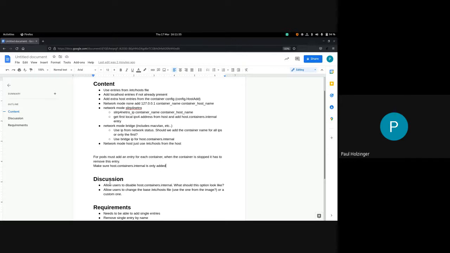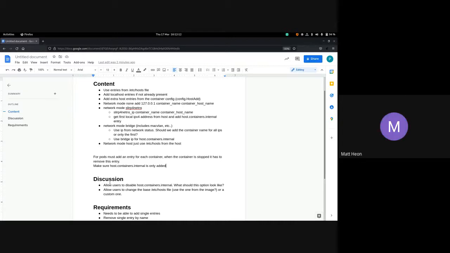I need to dig up the GitHub issues, but the problem with these localhost entries is that if you call the libraries, if you query your own host name, it gets resolved to the localhost IP, which is not the behavior people want. If you call bind on your host name, it wouldn't bind, it would only bind localhost, which is not what people expect.